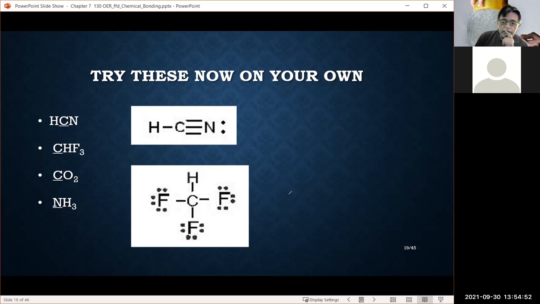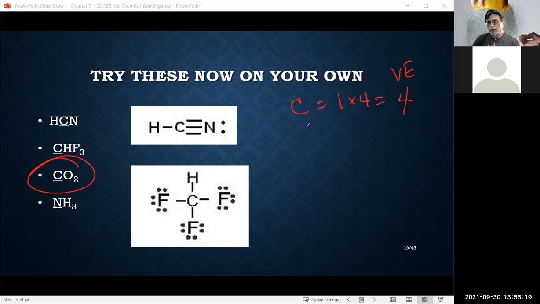Okay, we've got a couple more here. So we have carbon dioxide. As we've done with the previous examples, there's only 1 carbon here, and it brings 4 valence electrons. Oxygen, there's 2 oxygens.